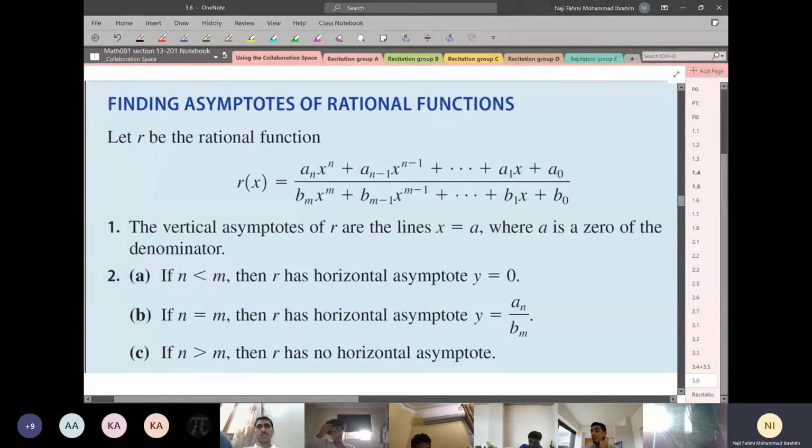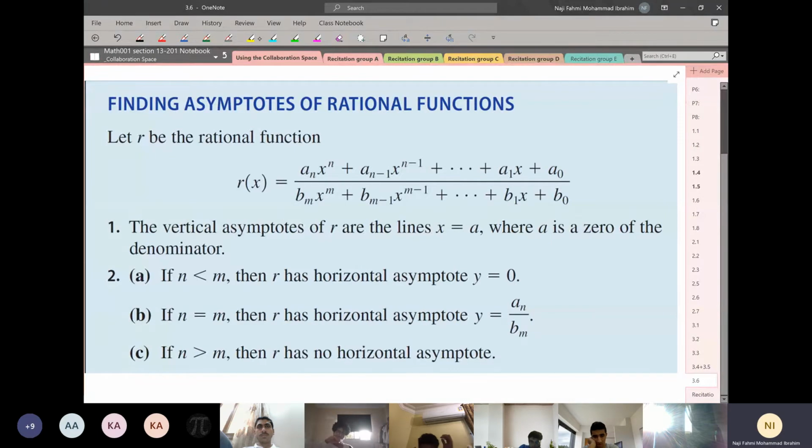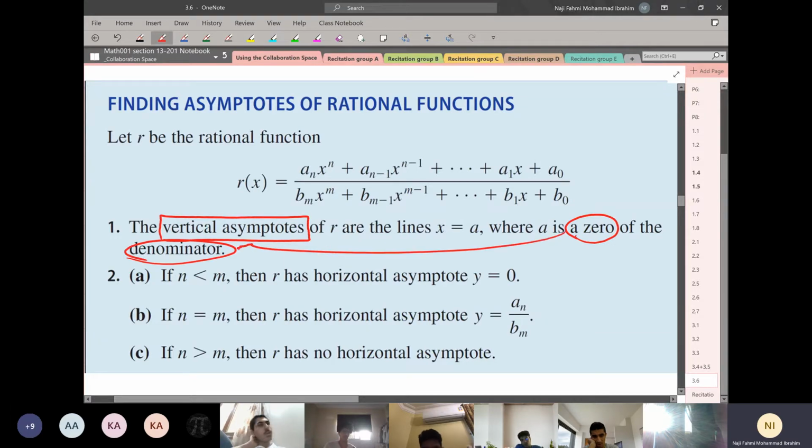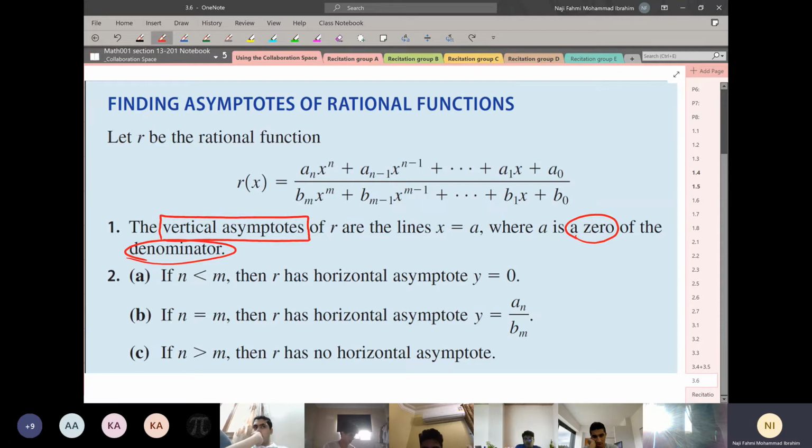First of all, is this function a rational function or not? Yes. Since it's rational, how can I find the vertical asymptotes? The zeros of the denominator. What makes the denominator zero will make a vertical asymptote.